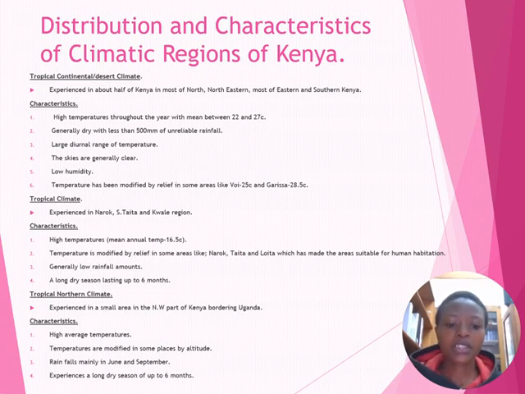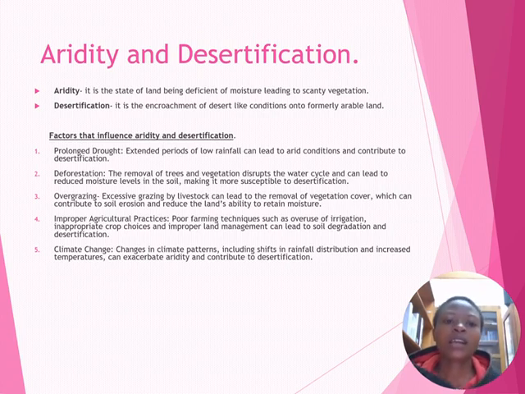We are going to continue with aridity and desertification. Aridity is a state of land being deficient of moisture, leading to scanty vegetation. We can also refer to it as a climate or environment that is extremely dry, typically characterized by a lack of moisture, low rainfall, and high evaporation rates.